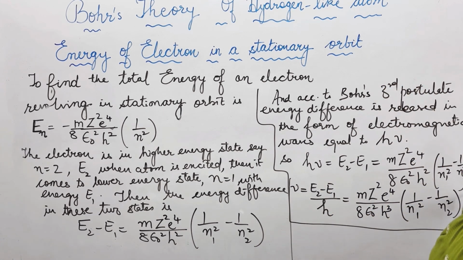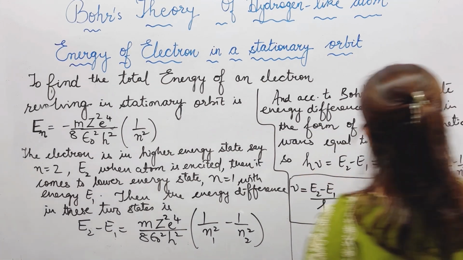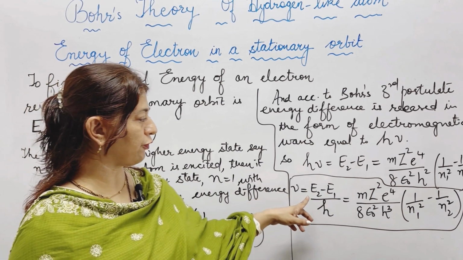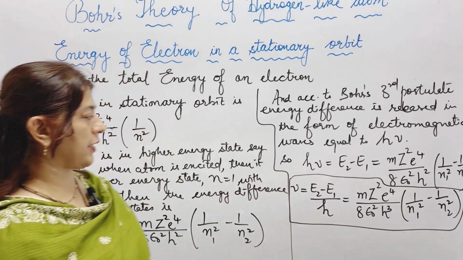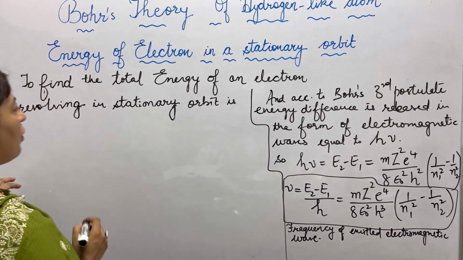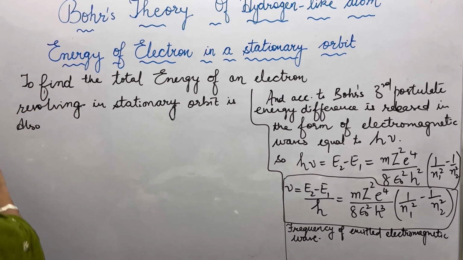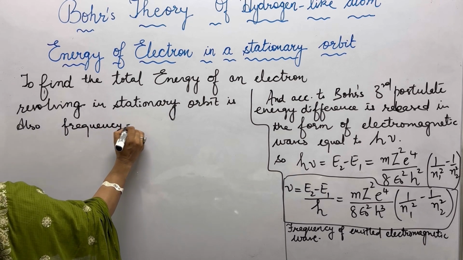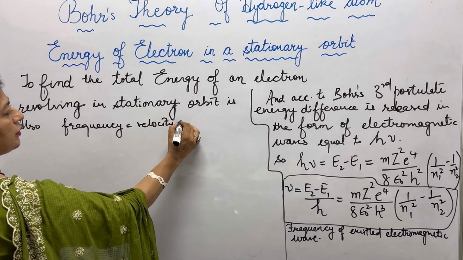So this is the expression for the frequency of the emitted electromagnetic waves when the electron has shifted from the second energy state to the first energy state. Now we have calculated the frequency of the emitted electromagnetic waves. Also, we have a relation, frequency is equal to velocity into the wavelength.